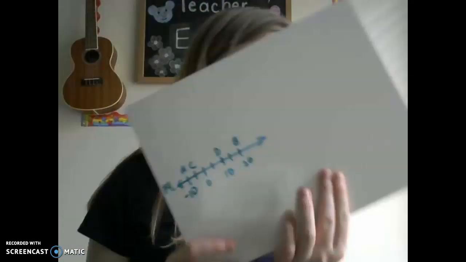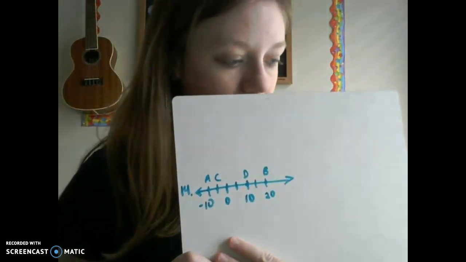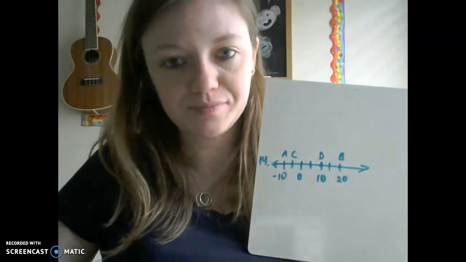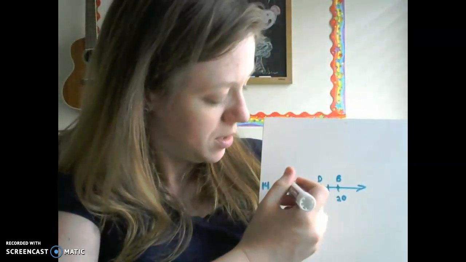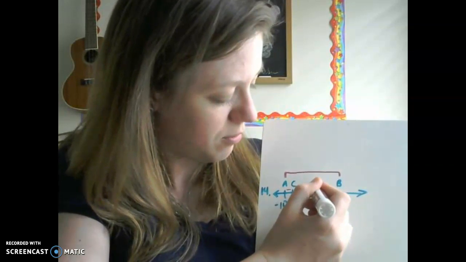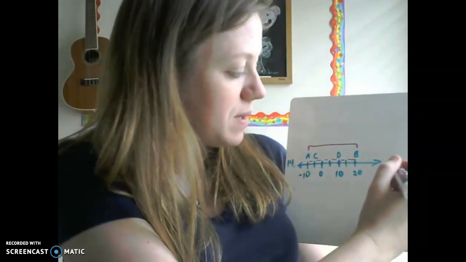So let's do another one. Number 14 is very similar. We just have a different number line. We need to find how many units are between point A and point B. So I'm going to count. Here's A and here's B. So we've got 1, 2, 3, 4, 5, 6. 6 units between A and B, so that's going to be on the bottom.